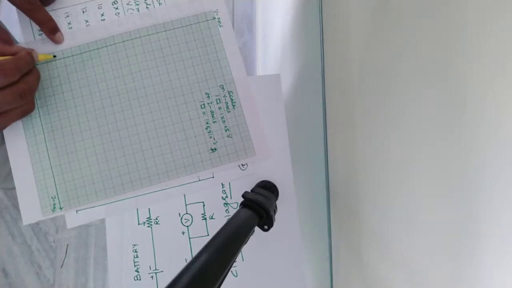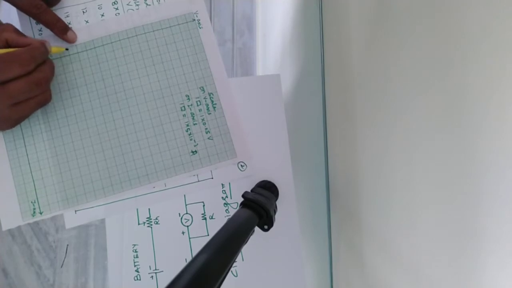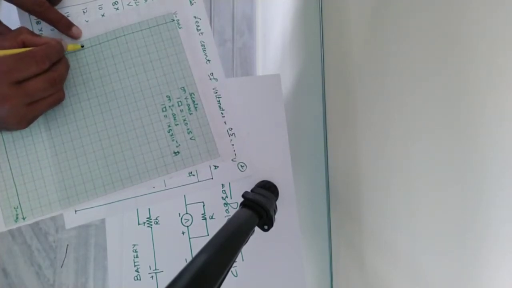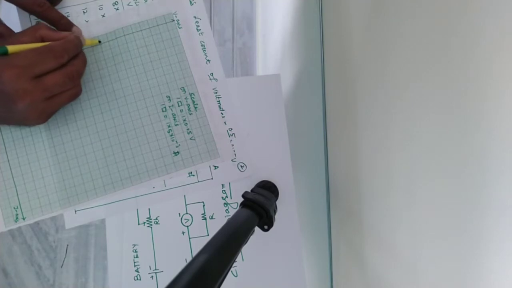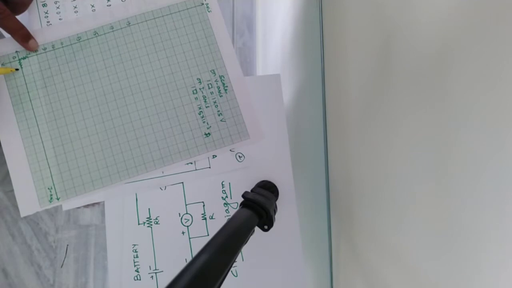So 8, 9, 10, 11, 12, 13, 14, 15, 16, 17, 18, 19 like this. And here also 7, 8, 9, 10, 11, 12, 13, 14, 15, 16, 17, 18, 19 like this.